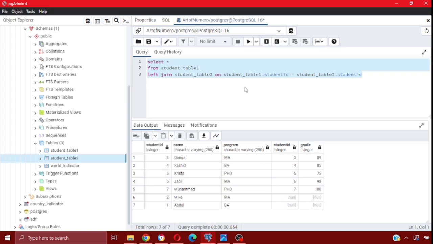So what we're doing with right join is the same thing, except that now we're turning it around. We're reversing the course of logic.